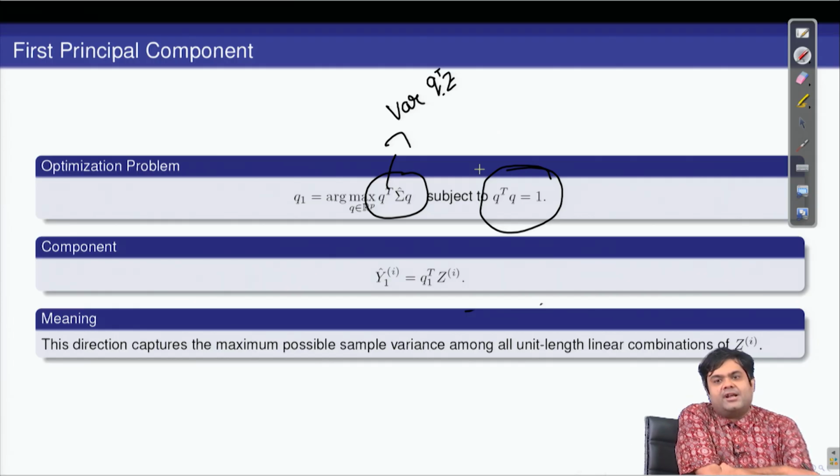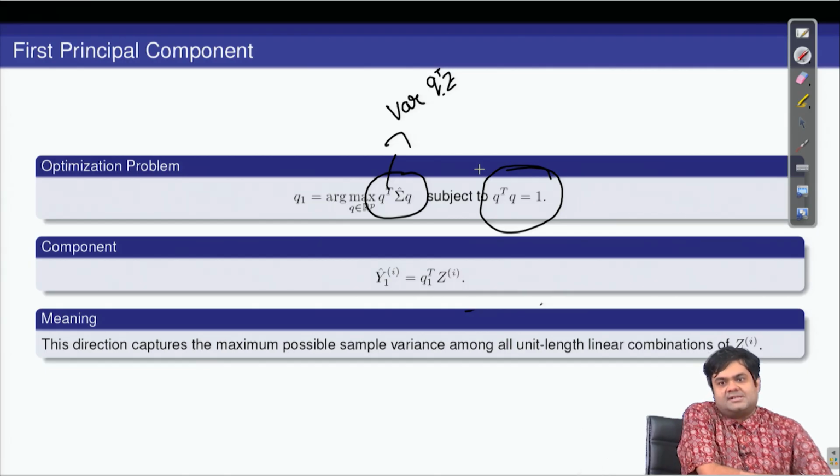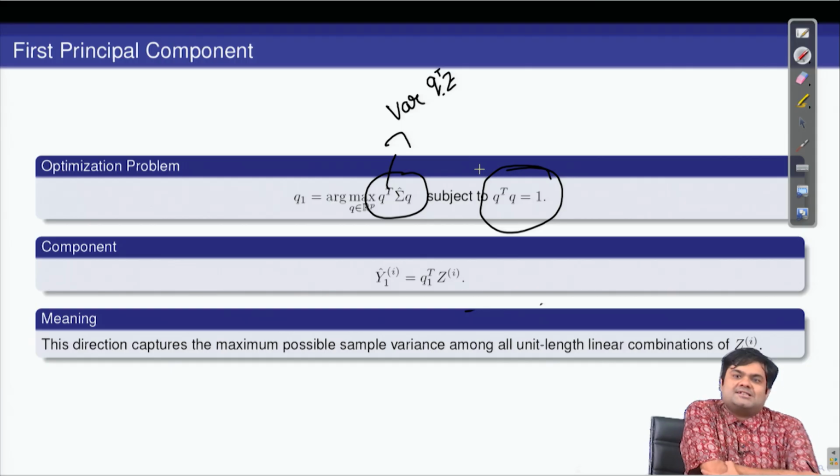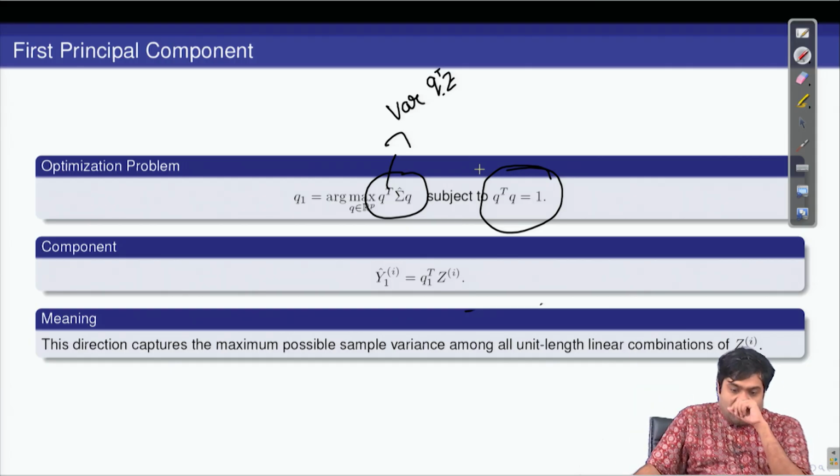Focusing on unit directions makes it a maximization problem over a compact set, a term I used last time when discussing population PCA, and this problem has a solution. You can find a specific value at which the maximum is achieved. It is not an infinite problem.